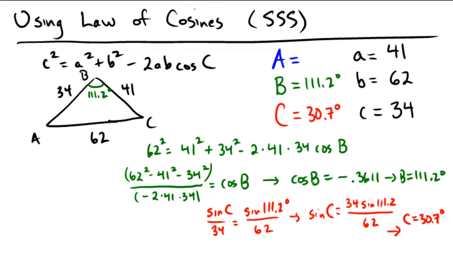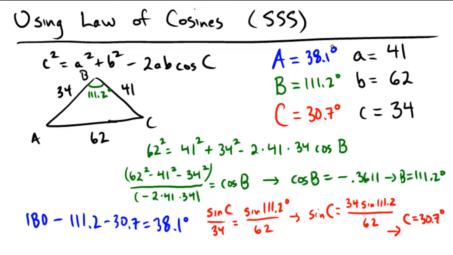We know that all the angles in a triangle add up to 180. So I'm going to take 180, subtract the 111.2 that we found for B, and subtract the 30.7 that we found for C. So 180 minus 111.2 minus 30.7 should be 38.1 degrees, and that completes this triangle.